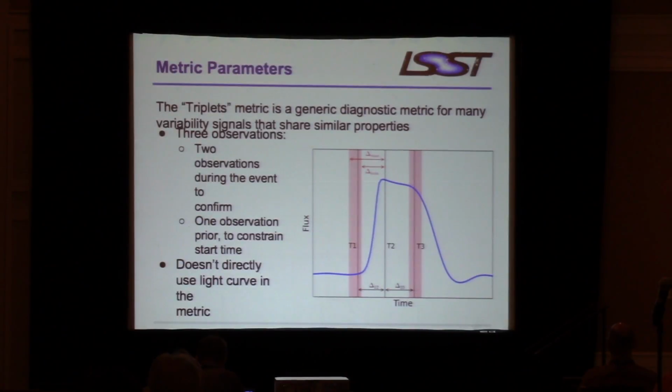Then you would want one observation before the event so that you can somewhat constrain when it happened, and a third observation at the end, which confirms that your signal that this has brightened or dimmed is actually a real thing. For this metric, we aren't putting light curves in and seeing what we're observing. This is simply how many times for a given point in the sky you have 3 observations that fit these criteria. These can be tuned for the specific science case we're curious about.